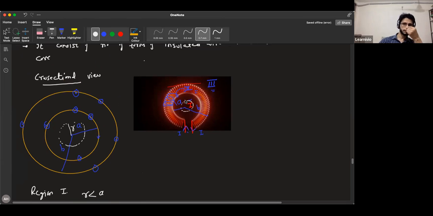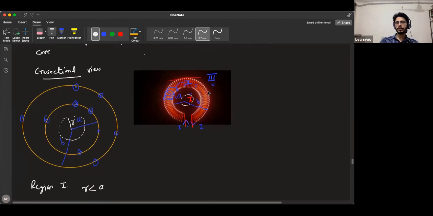Current is flowing through these wires, I'm asking current here. What is current passing through this circular loop? Sir, 0. Why? Because there's no current flowing through, there's no wires inside.